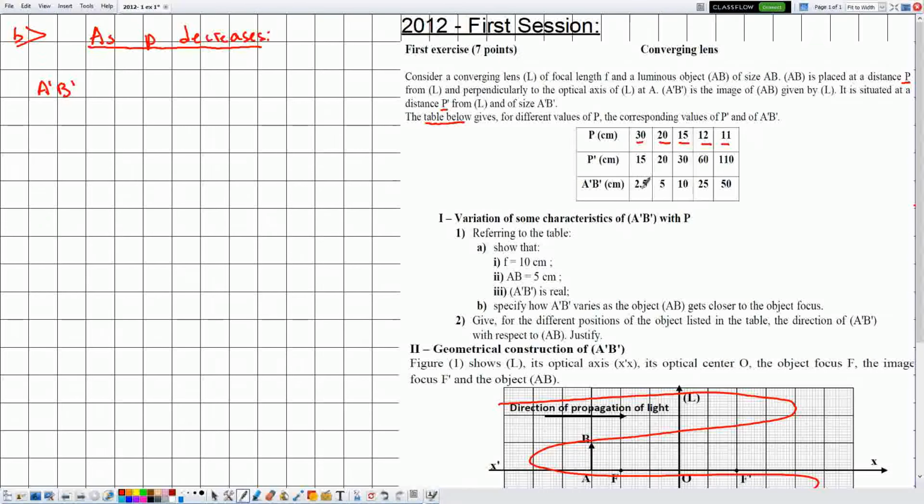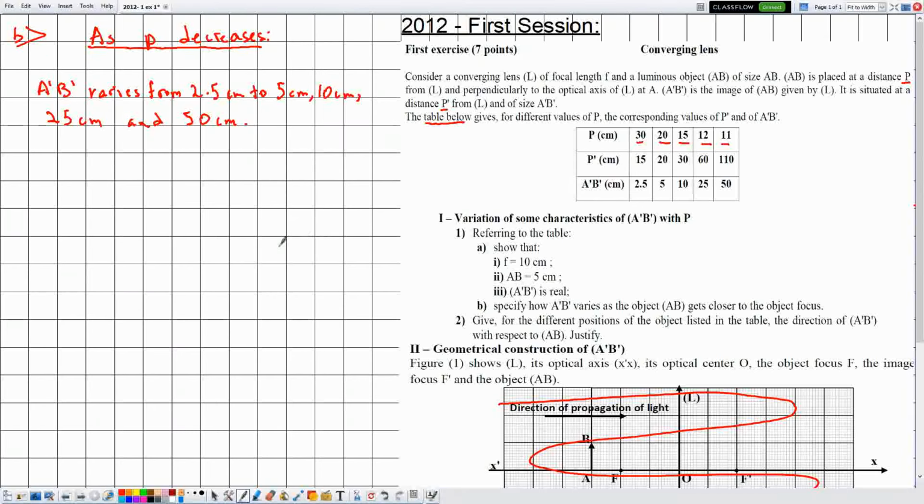As P decreases, A prime B prime varies from 2.5 to the next value, 5 centimeter, then 10 centimeter, 25 centimeter, and 50 centimeter. So notice that all of these values are increasing, they are in increasing order.